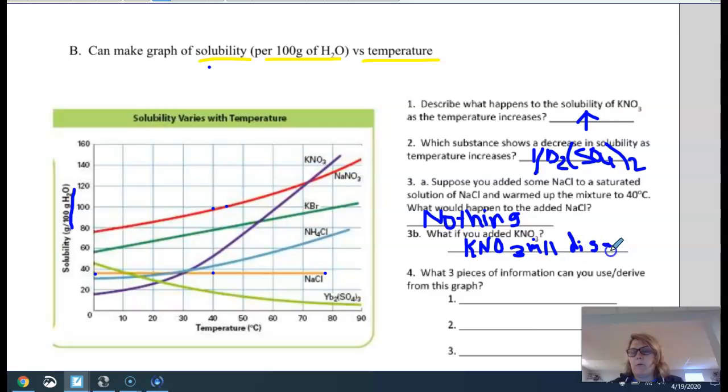Let's talk about, so what pieces of information can you derive from the graph? Well, the one thing you can derive is how soluble a substance is.